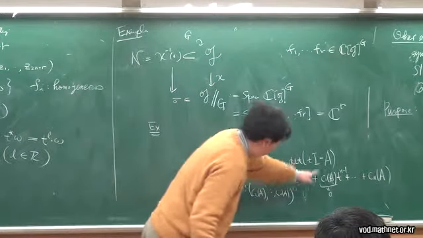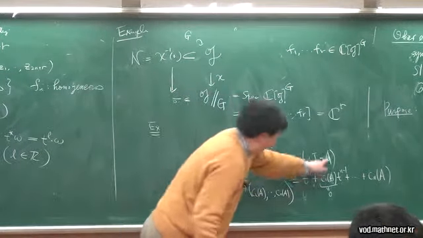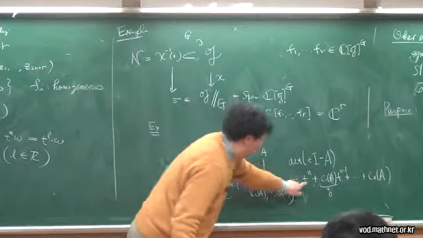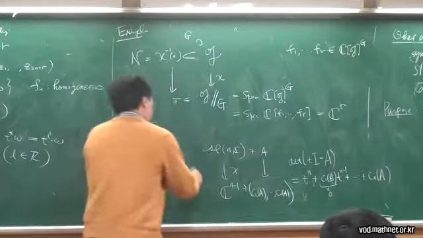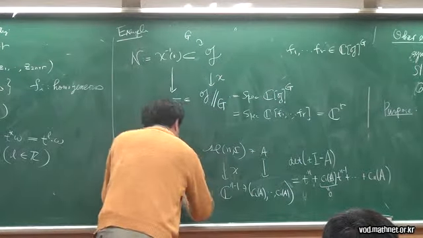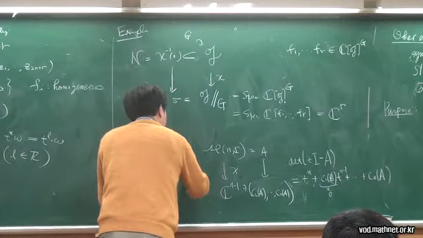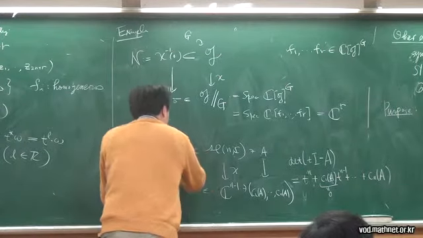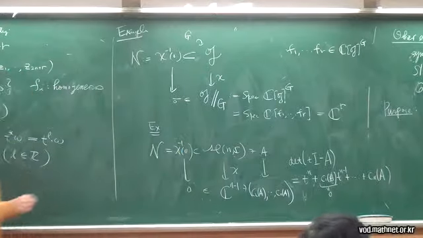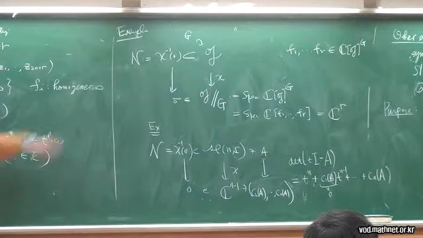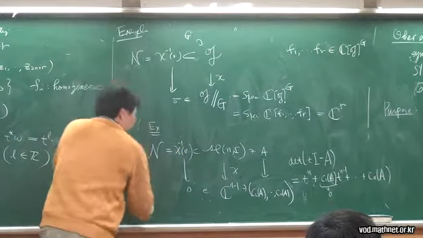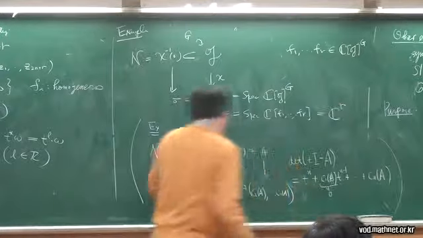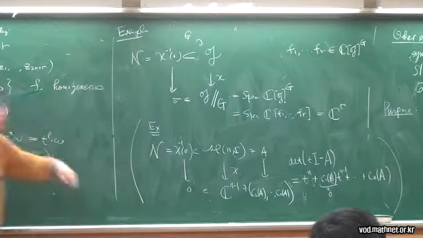A nilpotent matrix is a matrix whose characteristic polynomial is just T^n. So chi inverse of 0 is the set of all nilpotent elements. This is the easiest example of this situation.